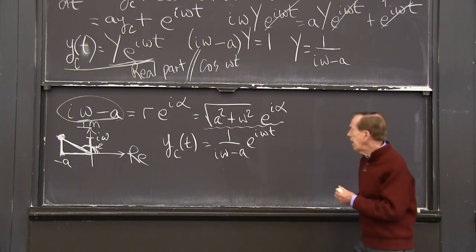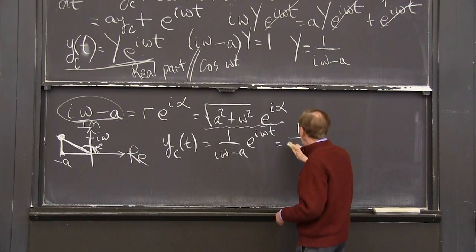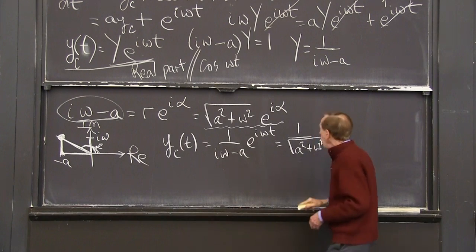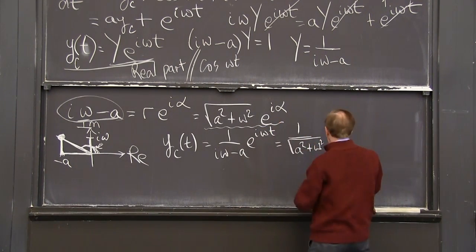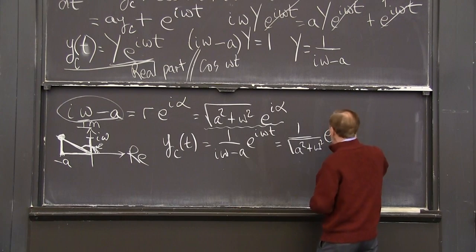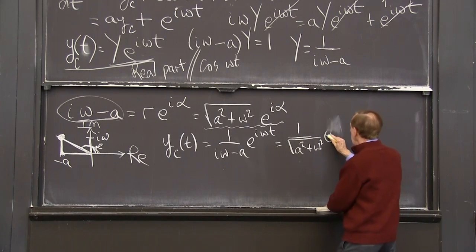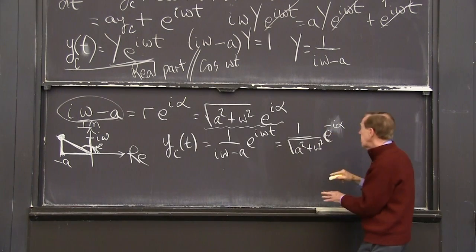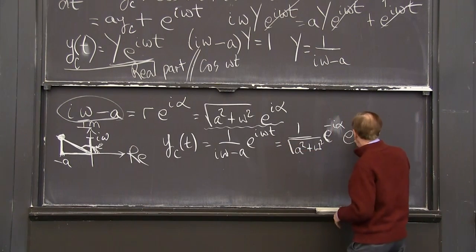I can divide by that. If I divide by that, it'll be 1 over the square root of A squared plus omega squared times e to the I alpha. Oh, e to the minus I alpha. When I divide by an exponential, that exponent changes sign, times e to the I omega t.